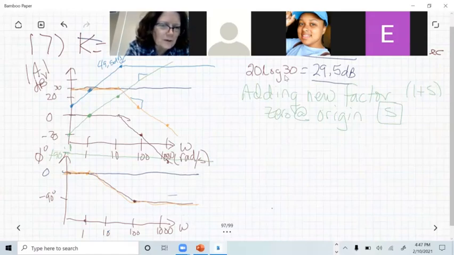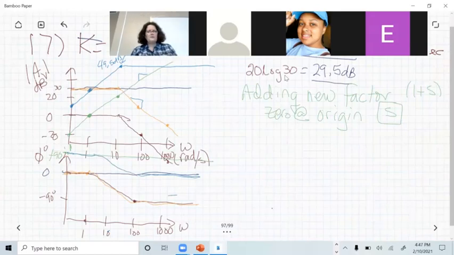So 0 is going to become plus 90. The final value goes up 90, so the final value would be 0. And then it makes the change in between there. So that's it. You can add one term at a time like that if you want to.